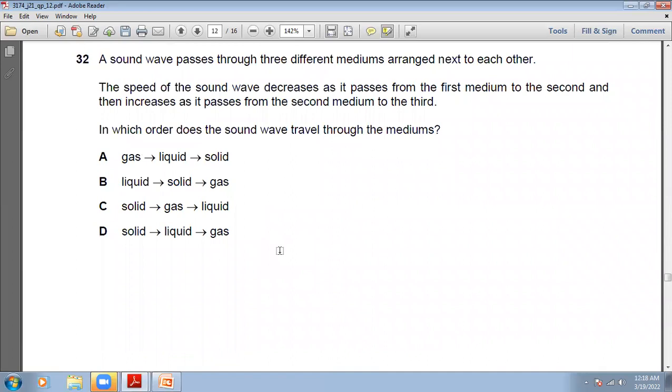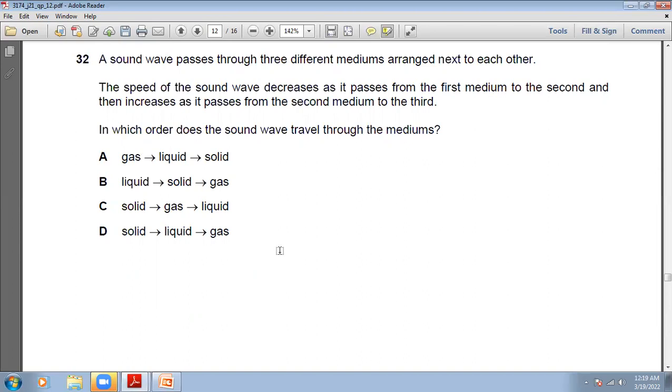A sound wave passes through three different mediums arranged next to each other. The speed of the sound wave decreases as it passes from the first medium to the second medium, and then increases as it passes from the second medium to the third. So the speed has decreased and then increased. It means that it has moved from a dense medium into a rare medium and then again into a dense medium.